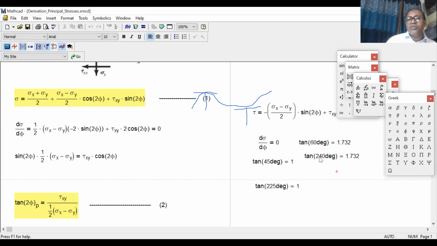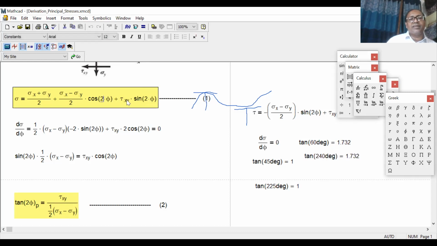Again, tan 240, that means 60 plus 180, gives the same value. So one time you can say 2 phi equal to 60 degrees, and other time 240 degrees, and both values you can put in directly. By calculator, you get sigma 1 and sigma 2.